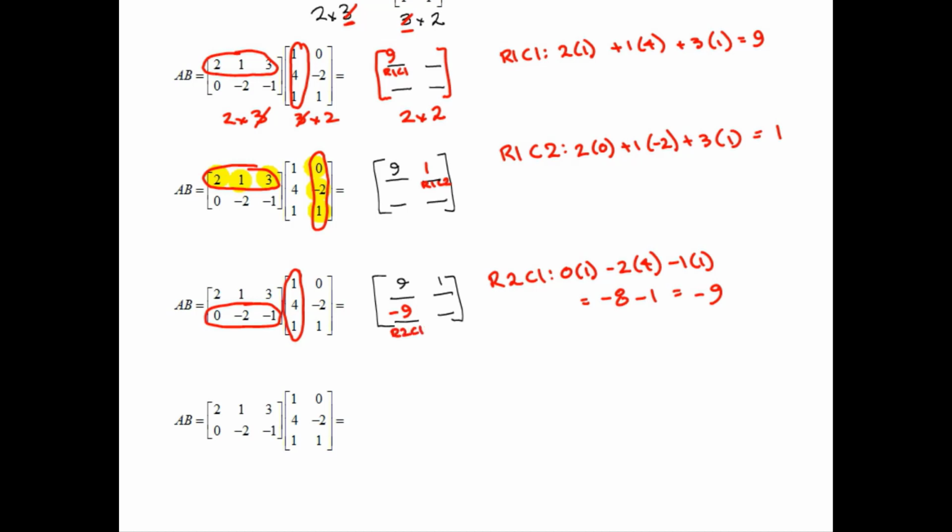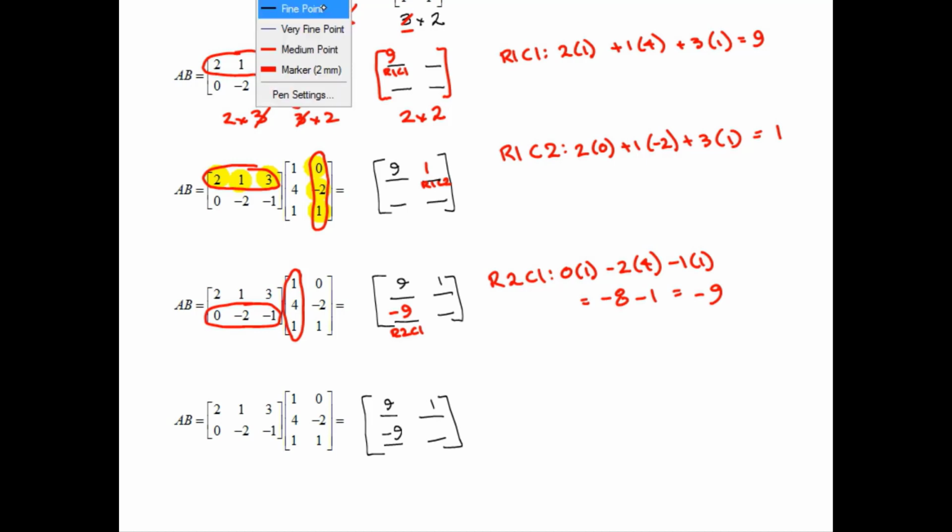Now we're going to move on, and we have to get that last entry. I found the 9, the 1, the negative 9. So now we need this last spot, which is row 2 and column 2.